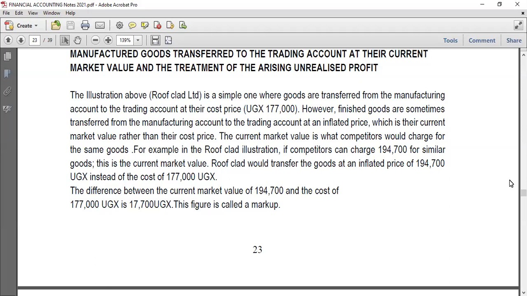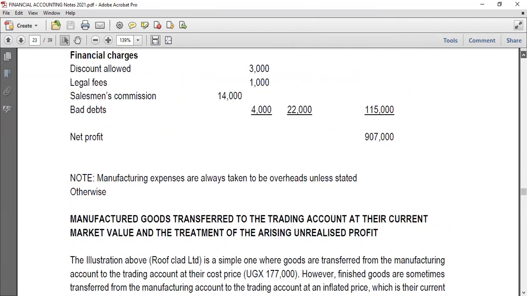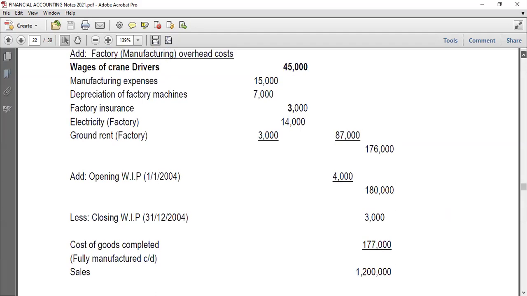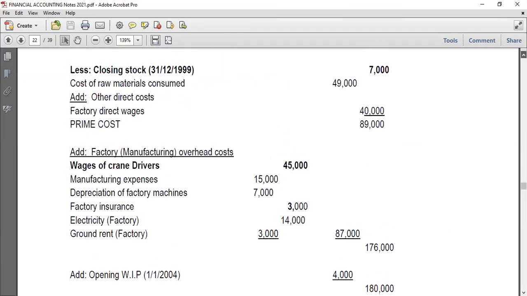Basically, just to give you an understanding here, the reason why we do whatever we do within the manufacturing accounts is to help us understand how much we incur in producing the goods that we are going to sell, okay? That is what we do when we are looking at manufacturing accounts. And the key component of the manufacturing accounts is the manufacturing account statement, like this one.